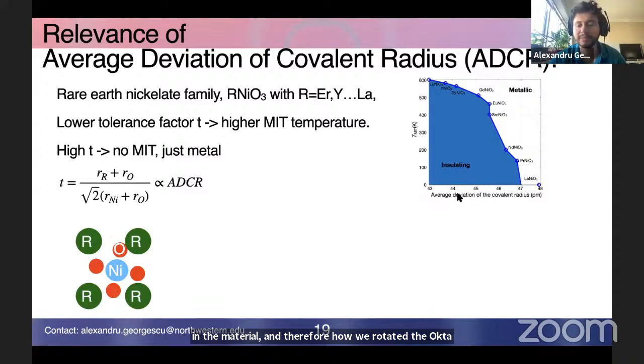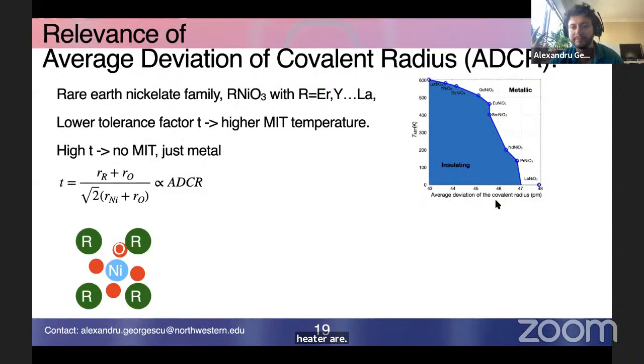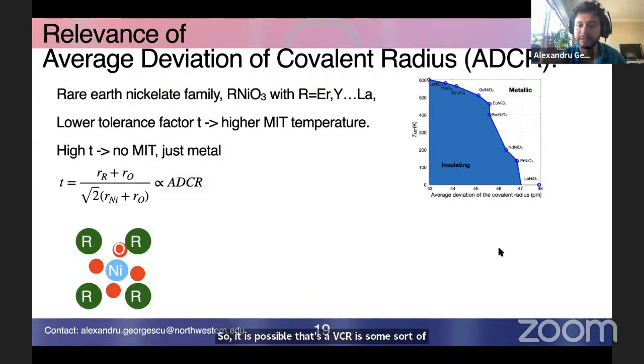So it's possible this ADCR is some sort of generalized tolerance factor. And there's some other features that we get into in our paper, but for the sake of time, we'll skip them here.